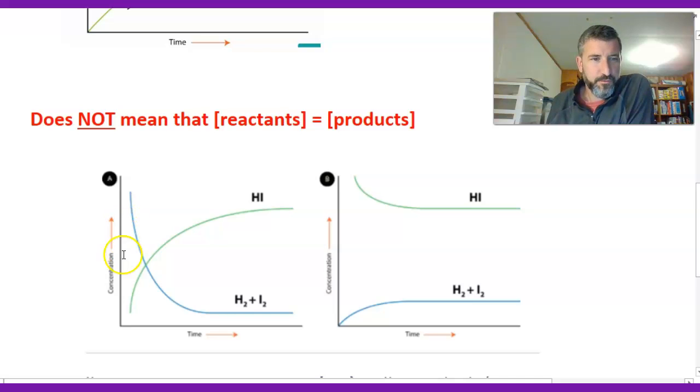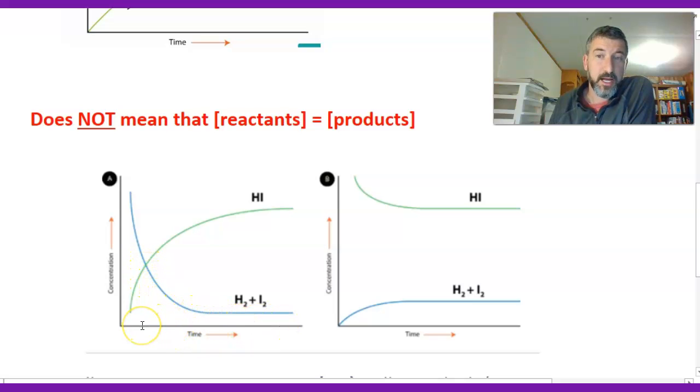But eventually, once you form more and more of your product, your HI, that allows those HIs to then react and reform your H2 and I2, which is why their concentration is only dropping steeply at first. And then over time, as you're getting the reverse reaction going more and more, it stops dropping so sharply and levels off.